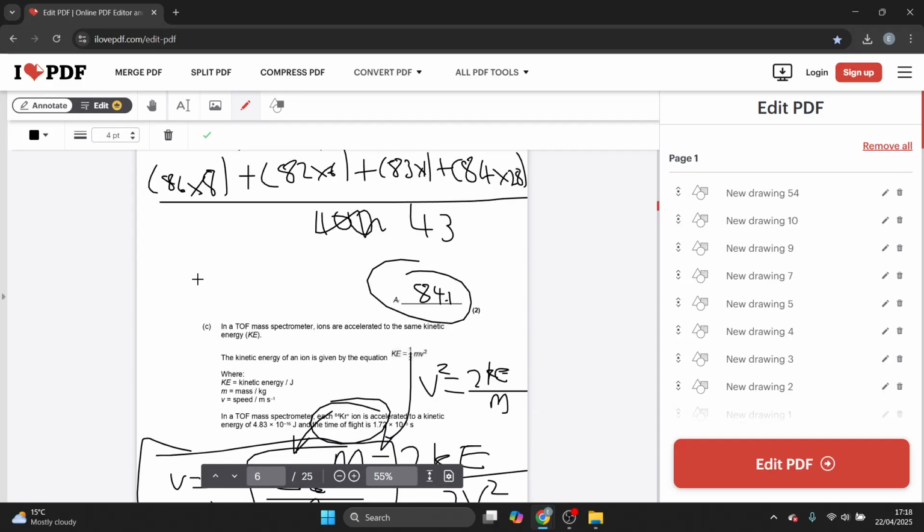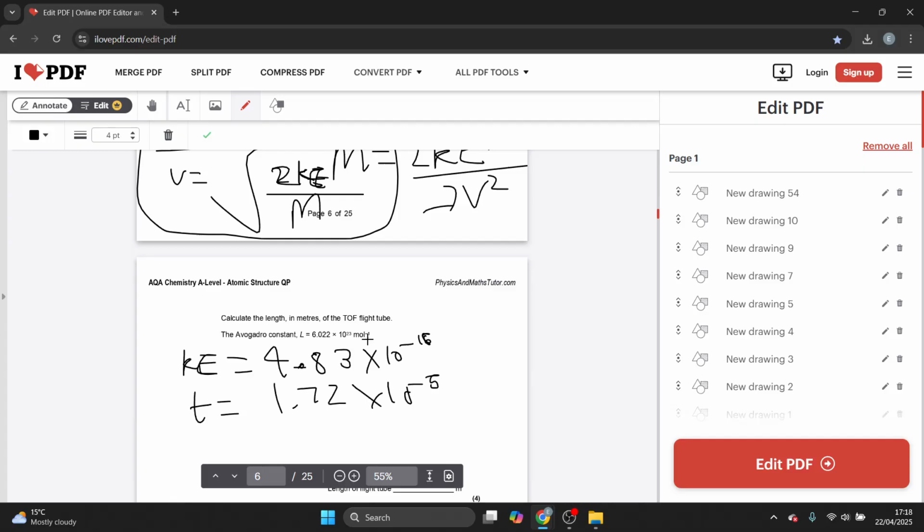Well, what is the mass, Simon? Sorry guys. The mass is going to be 84 times 10 to the power minus 3, 0.084, divided by Avogadro's constant, which is L, 6.022 times 10 to the power 23. Anytime they give you this in a question, alarm bells should go off.